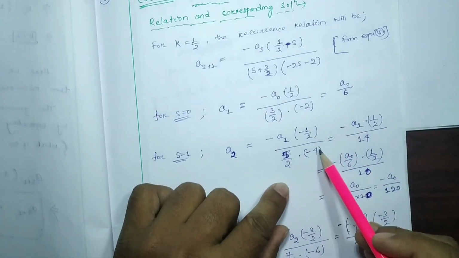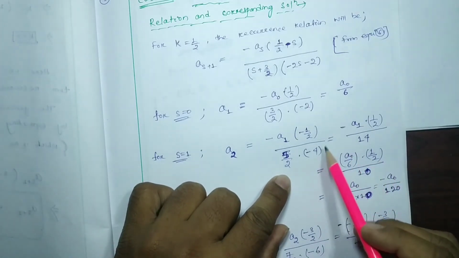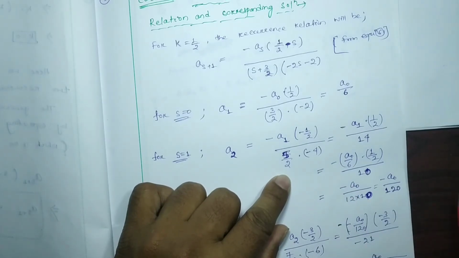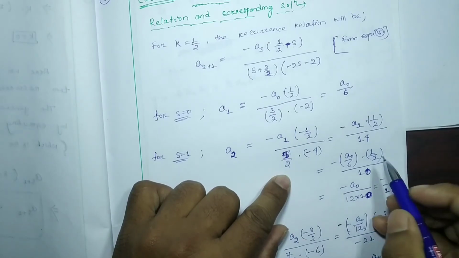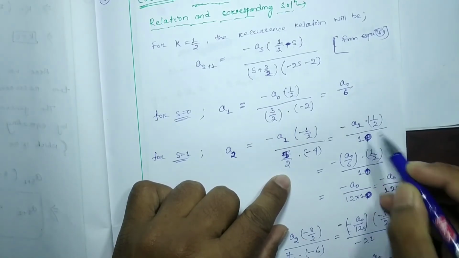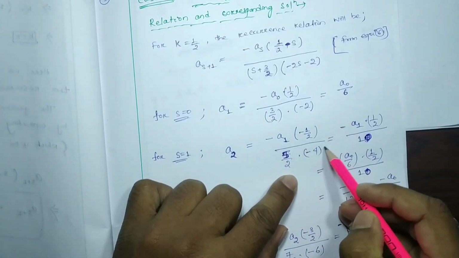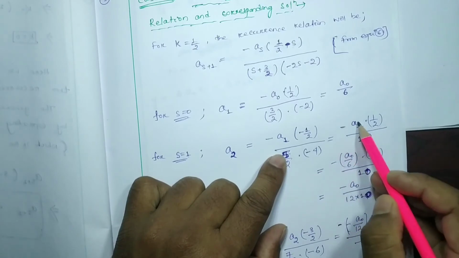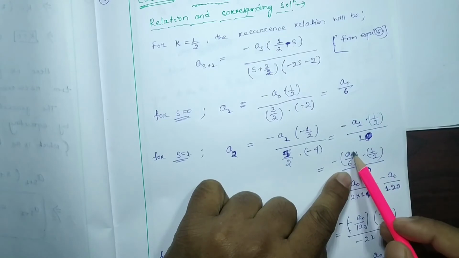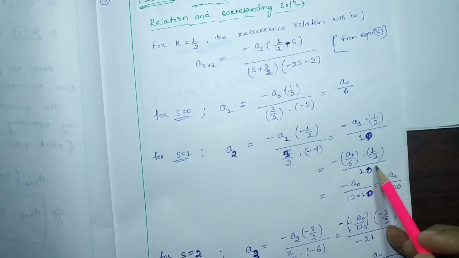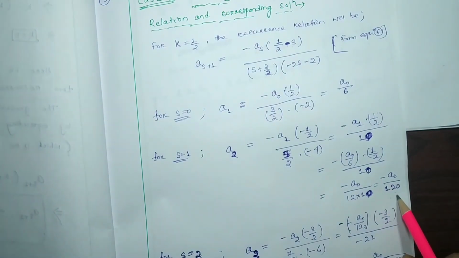Here 2 and 4 will be only 2. Mistakenly I haven't written here, it will be 10. You got it? 2 cancelled with 4 will be 2 into 5 equal to 10. So minus a1 into 1 by 2 into 10. A1 we found a0 by 2. You can put a0 by 2 into 1 by 2 by 10. At last you find minus a0 by 120.